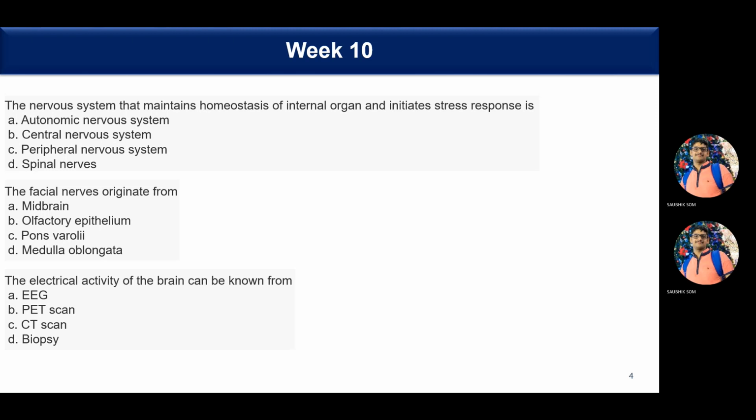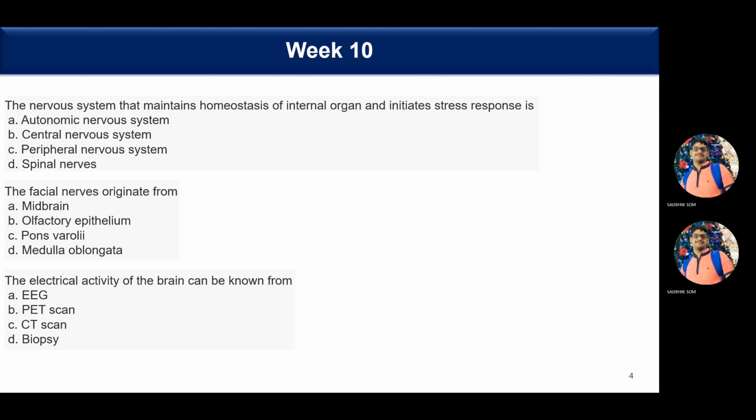The facial nerve originates from which one?